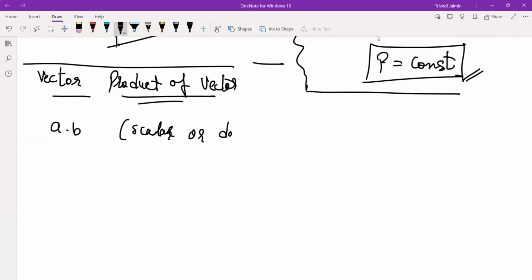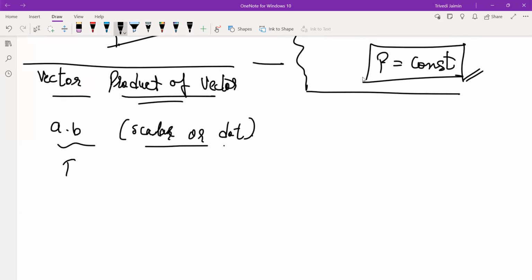A dot B is equal to, you know the formula, length of A times length of B times cos theta. Right? We're not going to do all those things, just a small revision, because we already discussed that in the first chapter itself. Okay. So A dot B is the scalar or dot product.